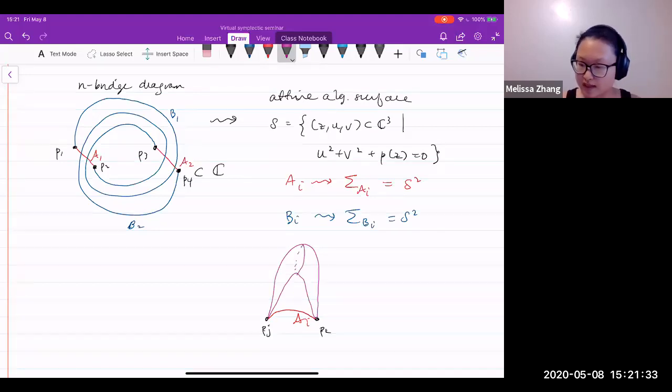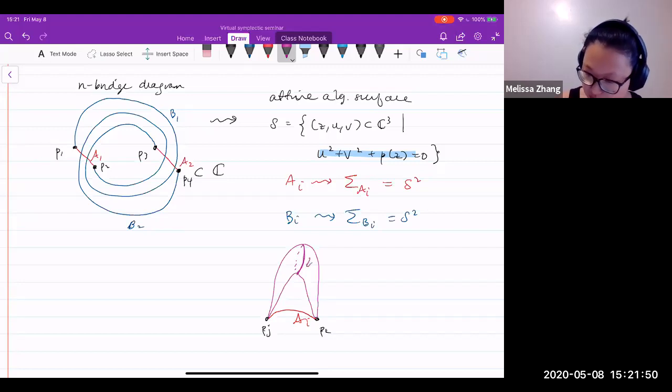And if you look at the way that this was defined, well, you can see that there's an O2 action because you really do have just this circle up in here. You could rotate the circle, right? You can rotate this entire bubble. That gives you an S1 action. Maybe I shouldn't try to draw it. You can totally see what's going on. So there's an S1 action, and then there's also a reflection action. And these two combine to an O2 action.